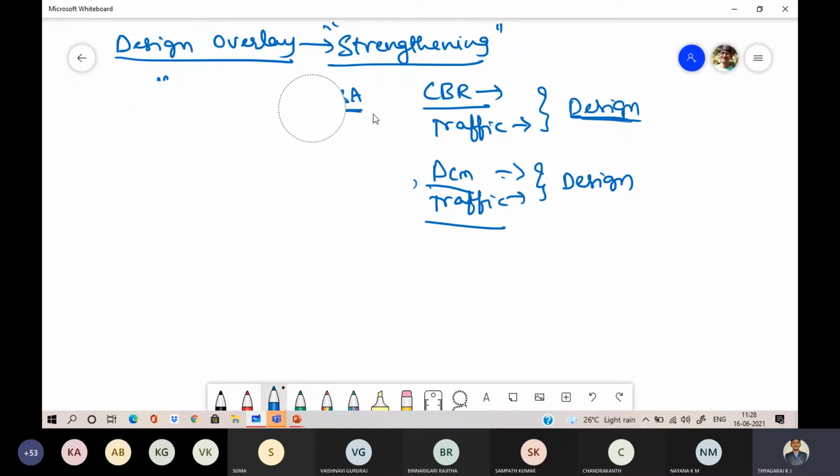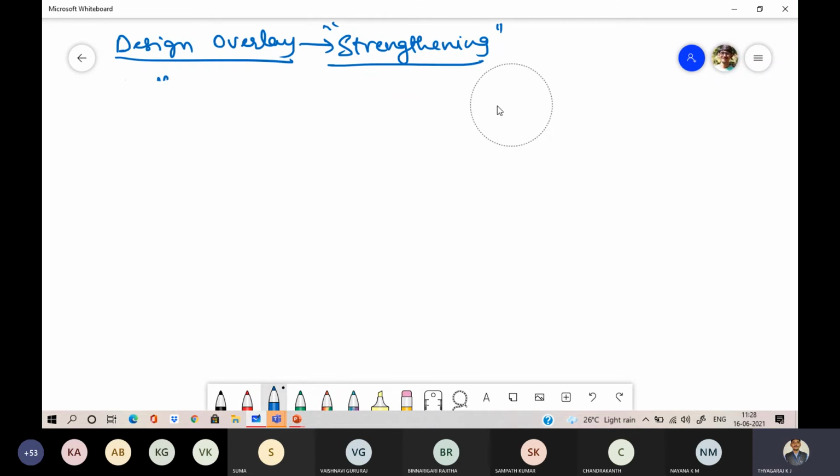Now we'll go for the problem. What are all the data given? Kindly tell me. What is the deflection value given? 2.20 mm.